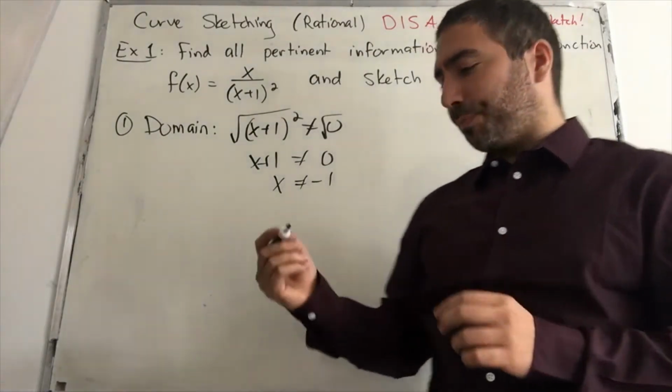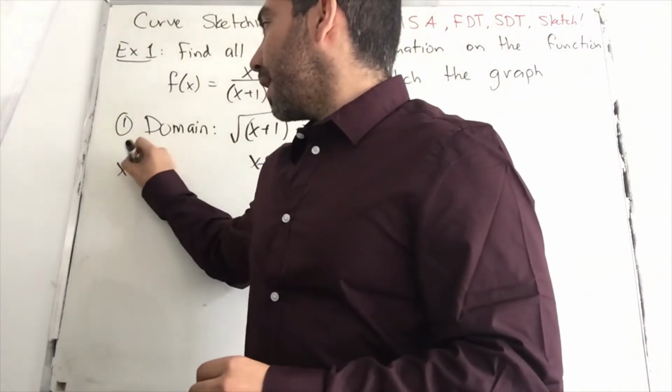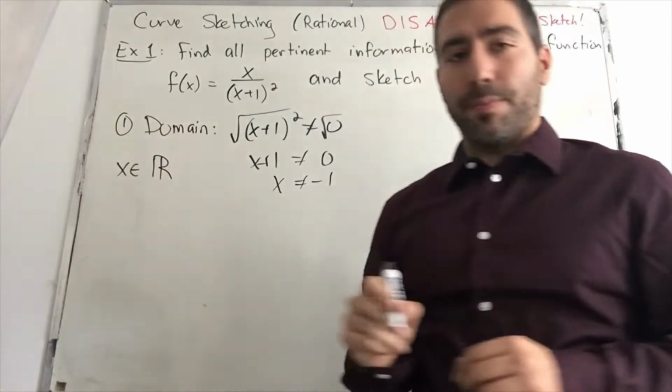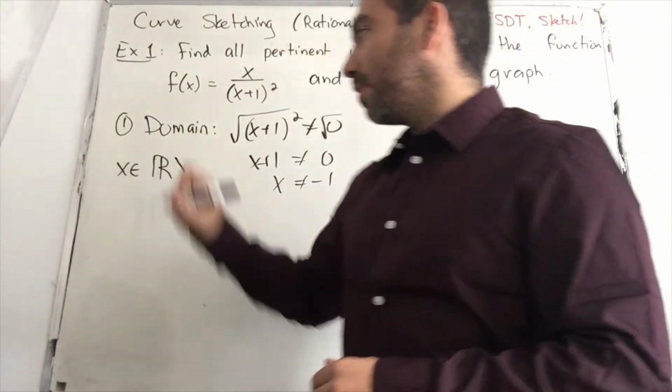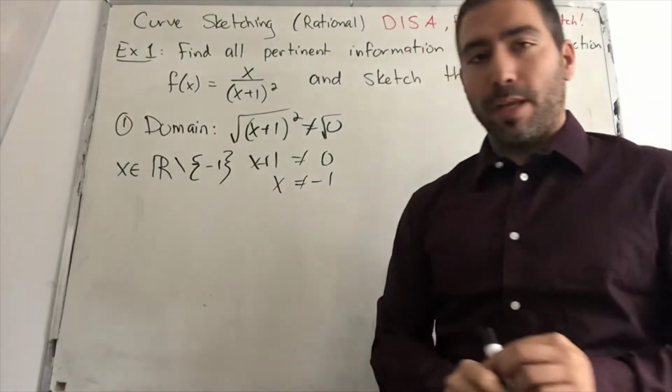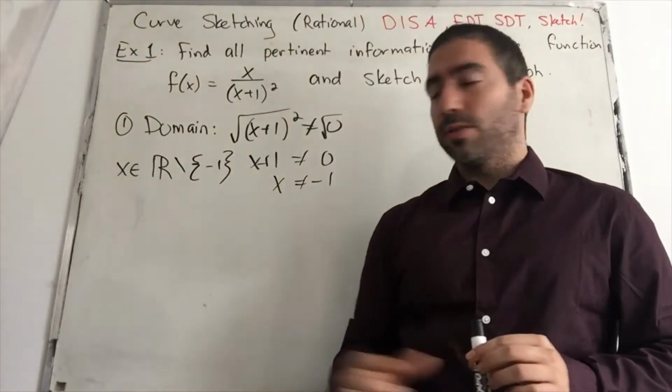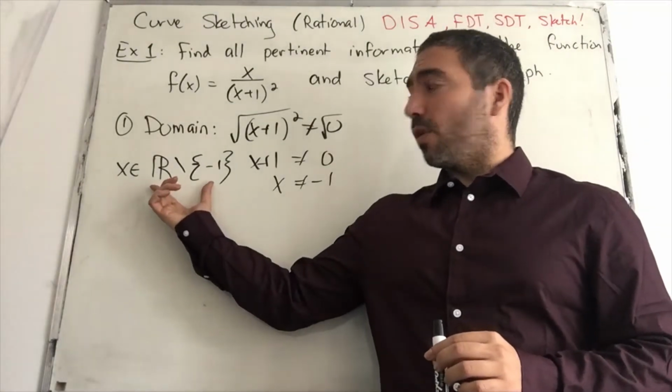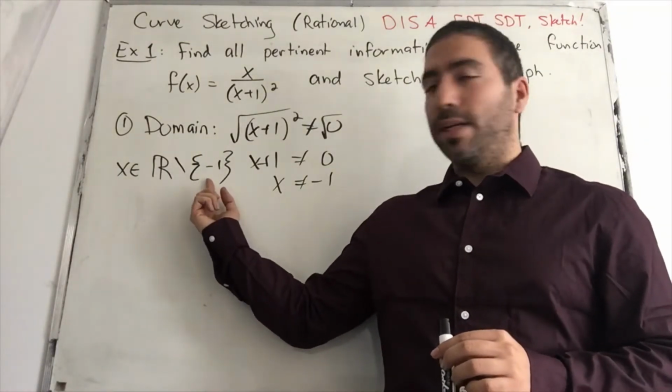How do we write that? We could write the domain as x is an element of R, all real numbers, and then we use this notation except, with the value in curly brackets: negative 1. So x is defined for all real numbers, excluding negative 1.